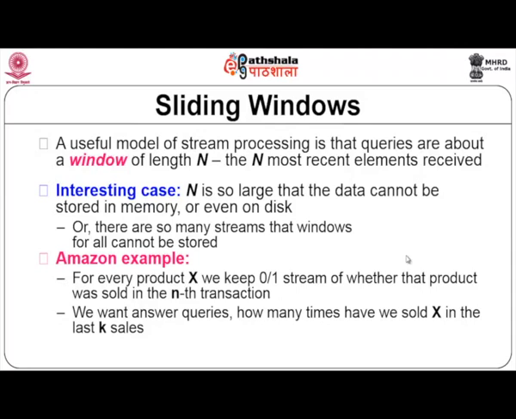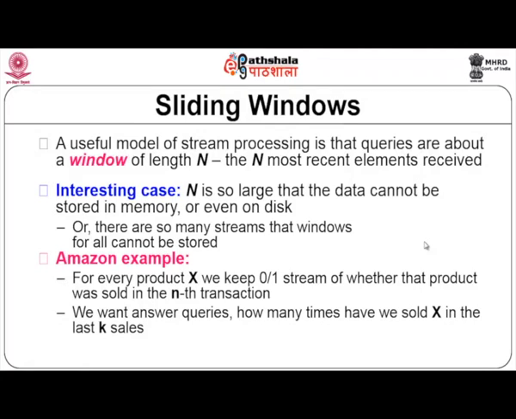In such scenarios, you cannot work on the entire stream. Instead, you can have some aggregated information over the previous stream, that is the past stream elements, and whatever elements the sliding window currently highlights, you can work on the current elements and combine the aggregated information over the past and the current elements that are available in the sliding window. So, this is how it can be executed.